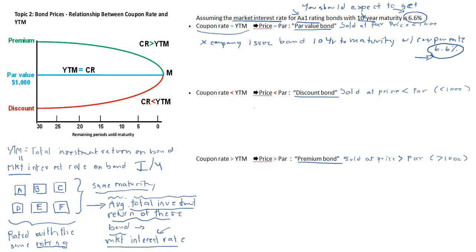X company pays 6.6%, which is matched with the rate that you expect to get before you decide to pick X company.